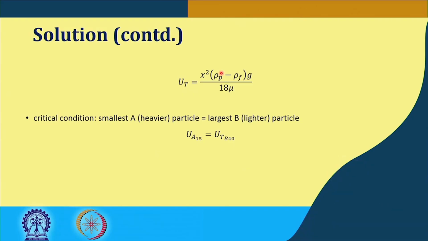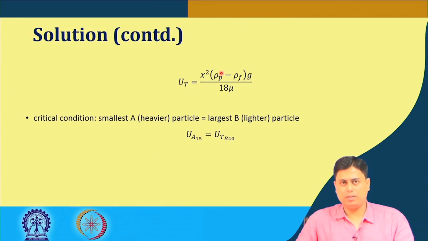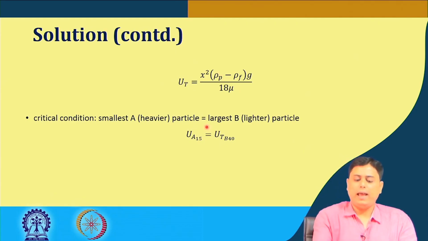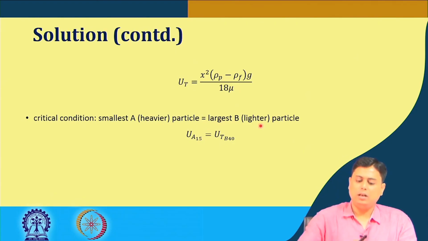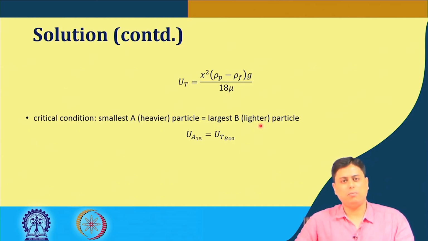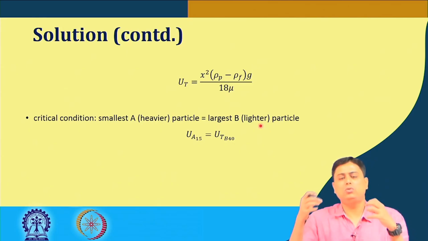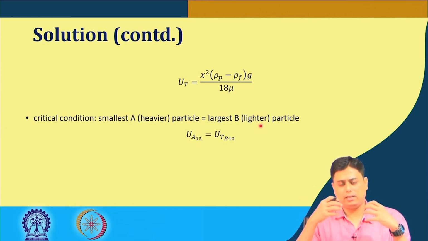So the critical condition is that the smallest A, which is the heavier material, will have a terminal velocity equal to the largest particle size of B. That is the point I have mentioned, because these two extreme points can have the overlap.